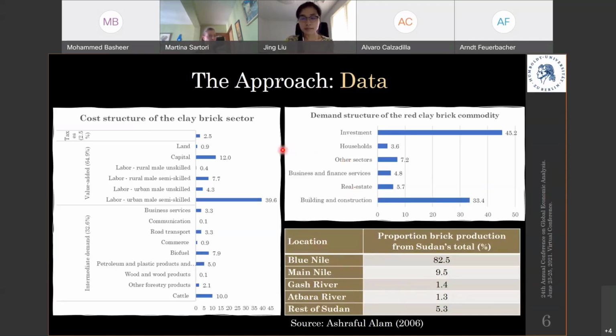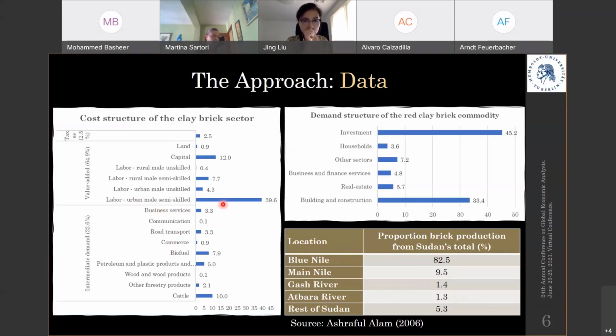After we created that new sector, we looked at the structure of the economy based on that sector. This graph on the right-hand side shows the cost structure of this new sector, and we can see that this sector relies on male semi-skilled labor.